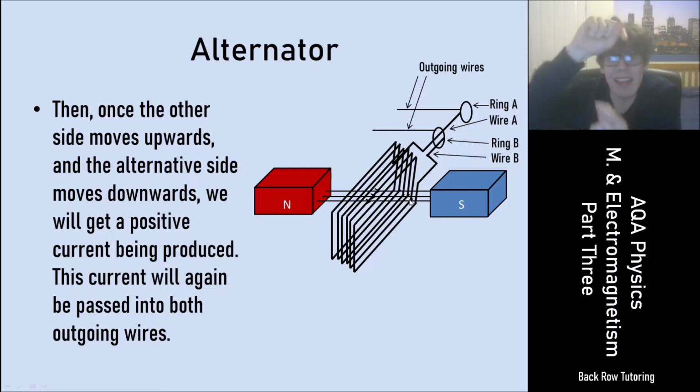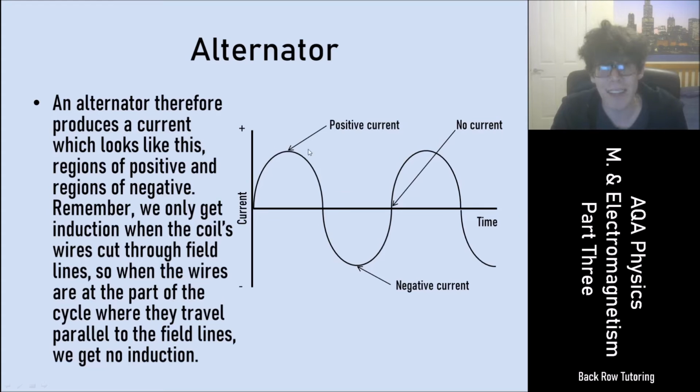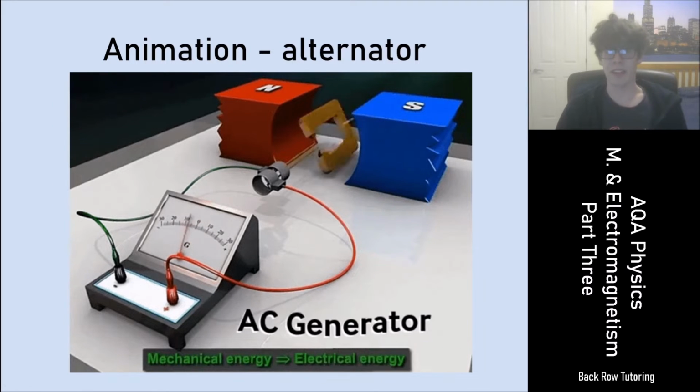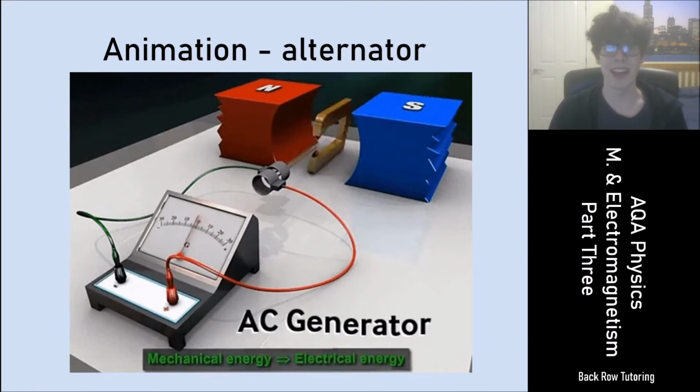But when the coils pass right through, they pass 90 degrees to the field lines, that's when you get the maximum potential being induced. So at the peak here, this is where the coil is going right through the field lines, but here, this is where the coil's travelling parallel to the field lines, and you actually get no potential being induced at all.